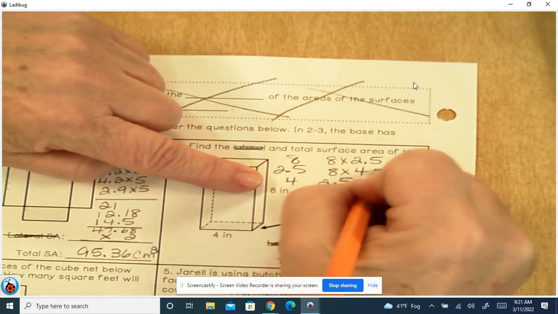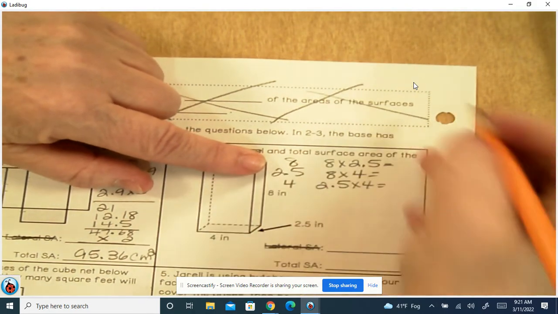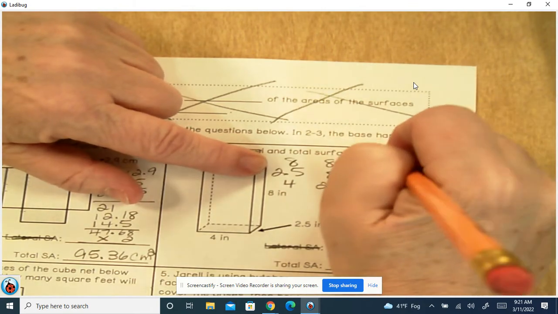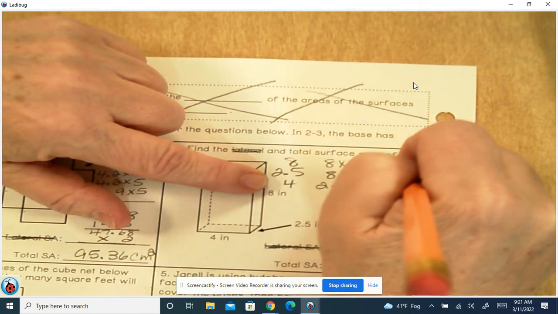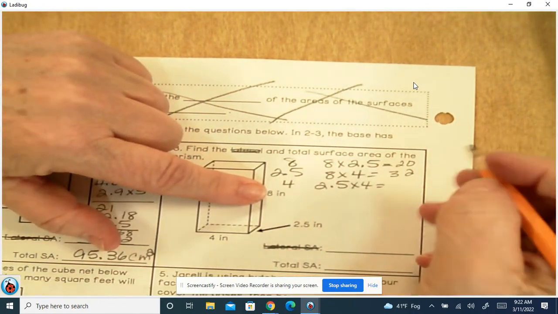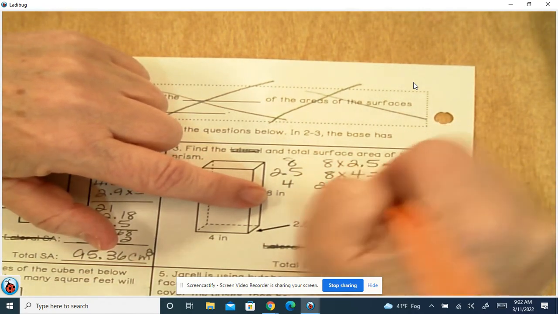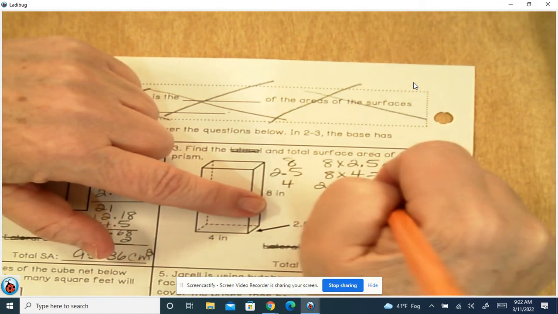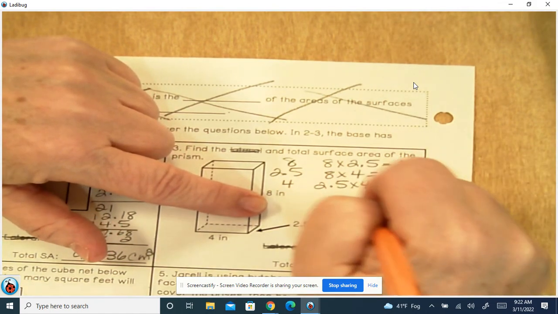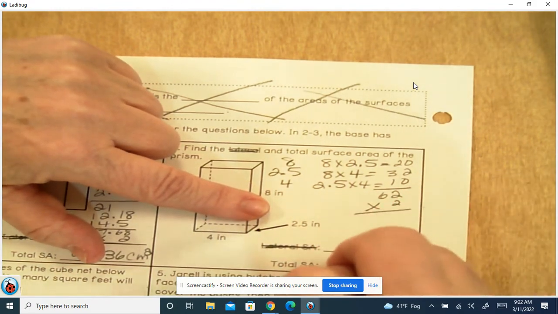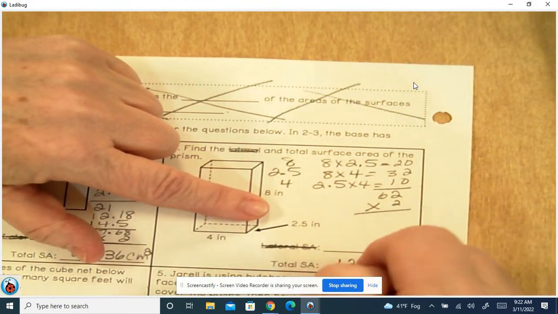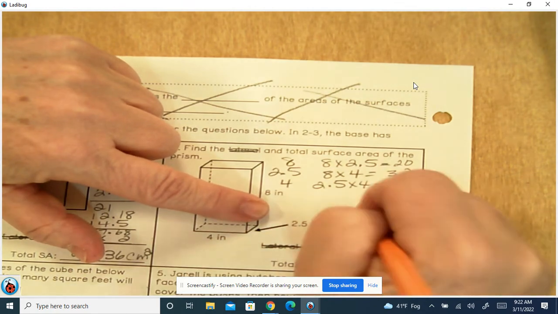It's just the 3 combinations you can make without repeating them. 8 times 2.5 is 20. 8 times 4 is 32. And 2.5 times 4 is 10. You add those up, you get 62. That's for 3 sides. Multiply it by 2 to get 6 sides, and you get 124 inches squared.